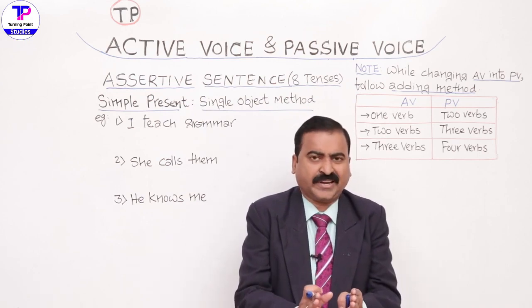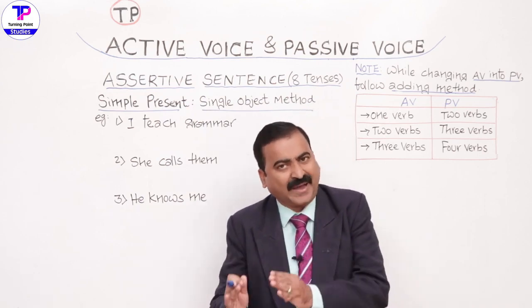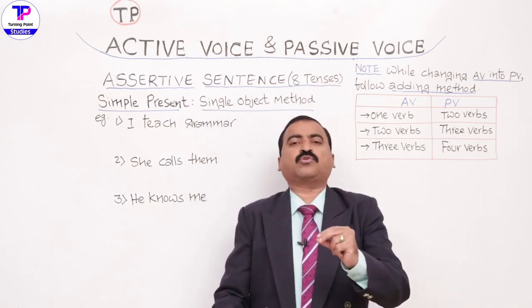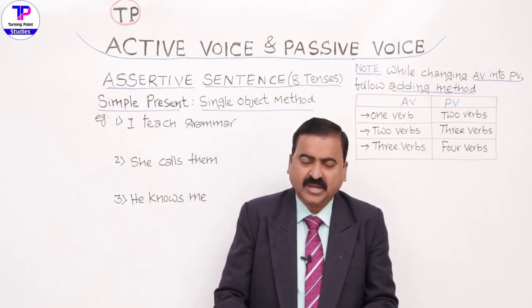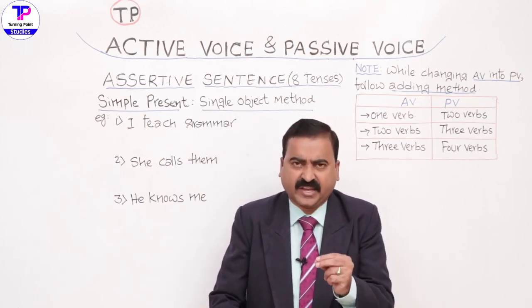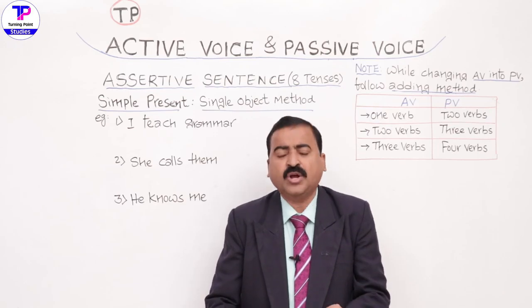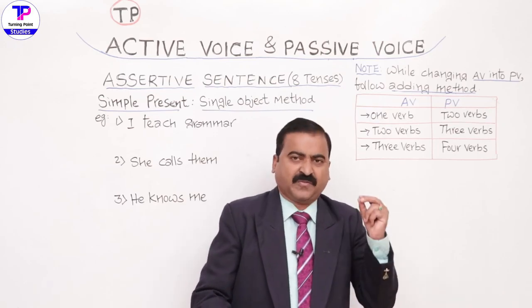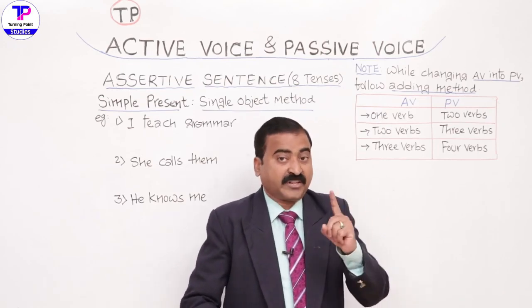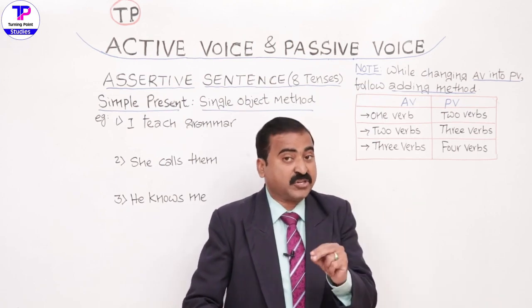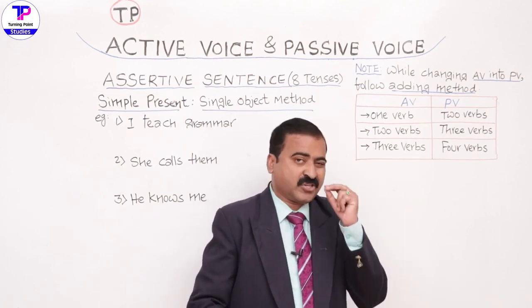If we want to change active voice into passive voice, you have to follow adding method. This is the logical technique which you have to follow to convert AV into PV. I am not teaching traditionally, I am teaching you with shortcut mode, with logical mode.